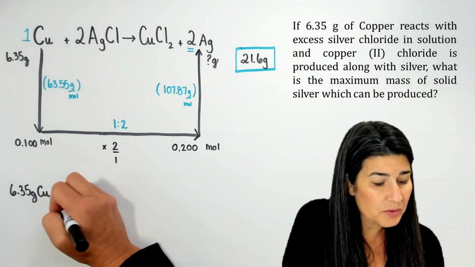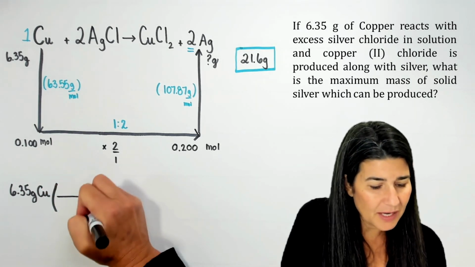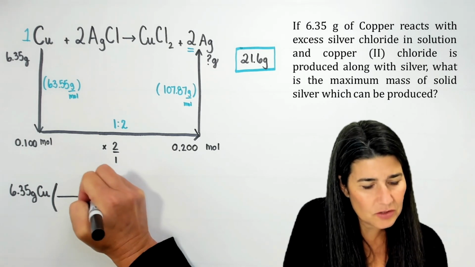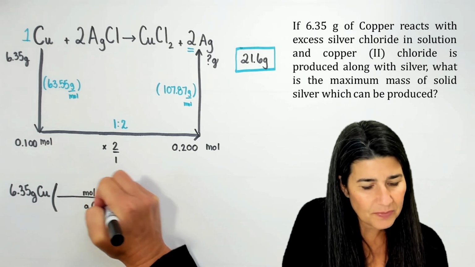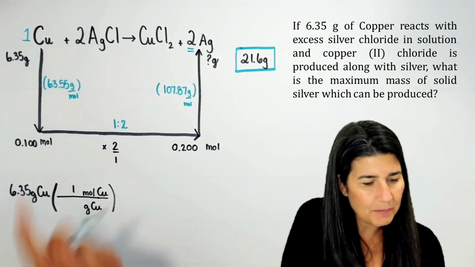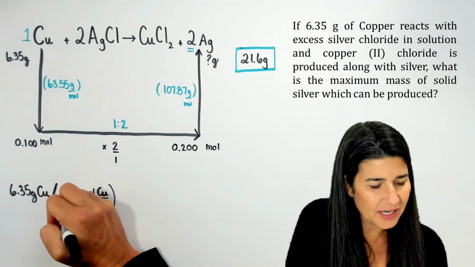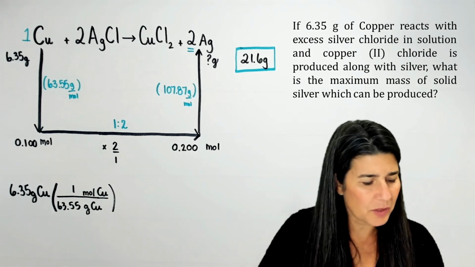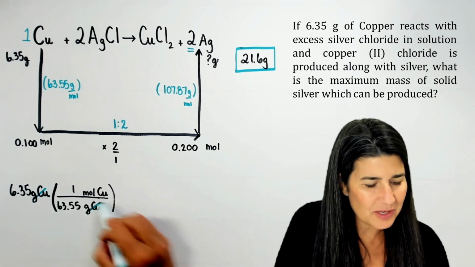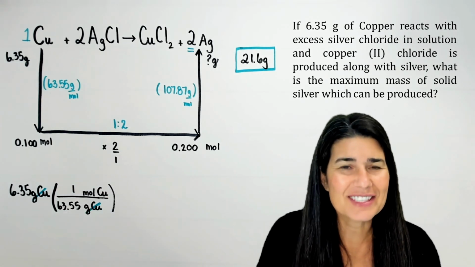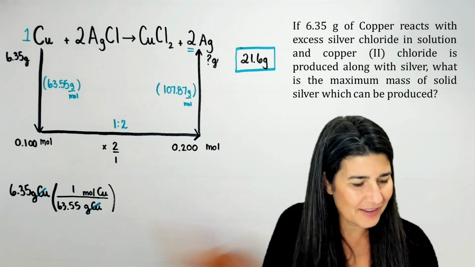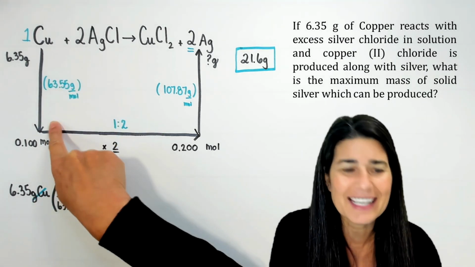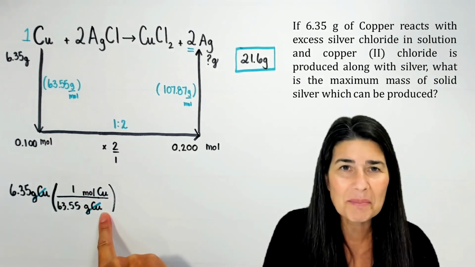So we would have used a conversion factor where we got rid of grams of Cu and we went to moles of Cu. Now, 1 mole of copper is 63.55 grams, and grams would have canceled out. Now notice, your first step is you took 6.35 divided by 63.55. That's exactly what we did, and that got us moles of copper.